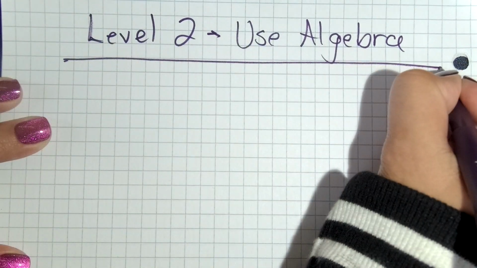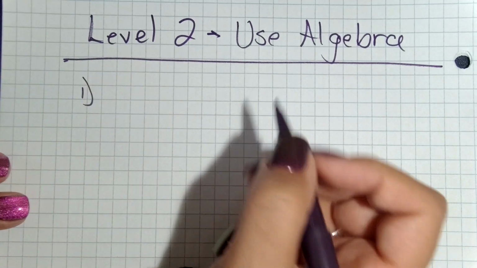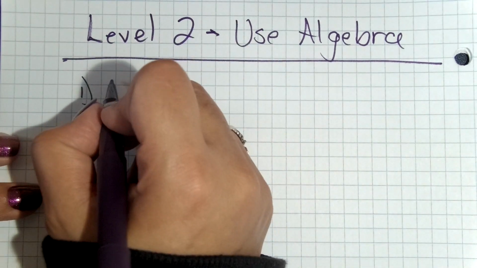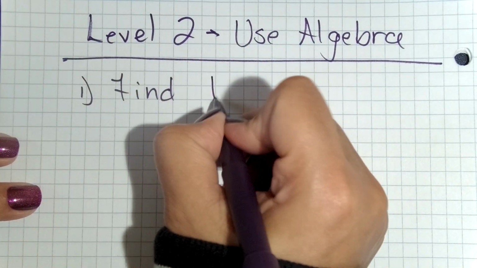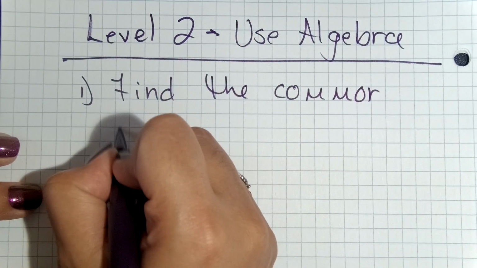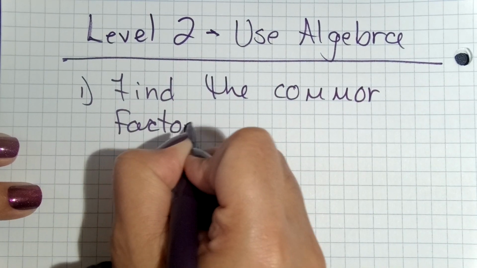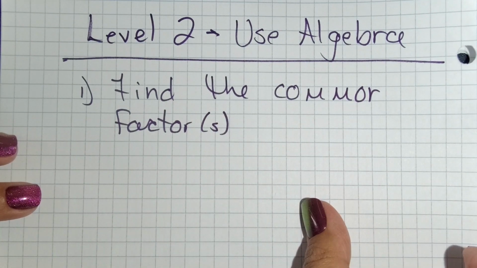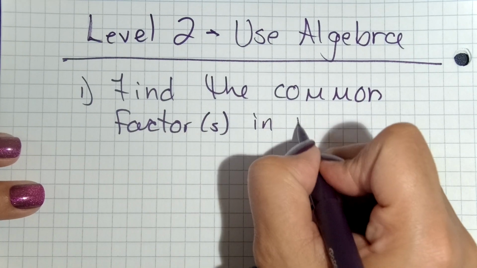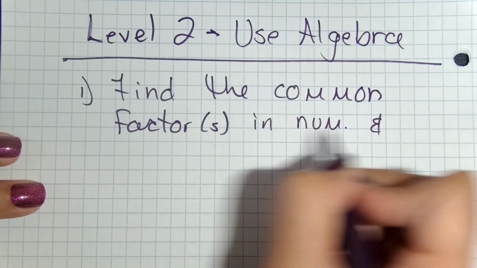So the first thing you want to do, sorry, I should have said we go back to our notes, is you want to find the common factor or factors in the numerator and denominator.